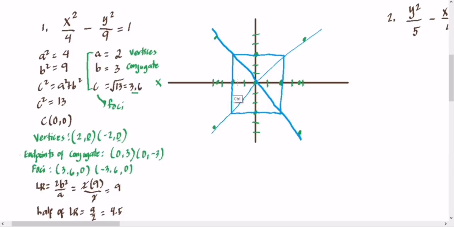Okay? Then, after nyan, mula dito sa isang point na to, i-connect natin yung point na yun dito. Gumawa tayo ng line dyan para mabuo natin yung hyperbola. Okay, then dito rin.